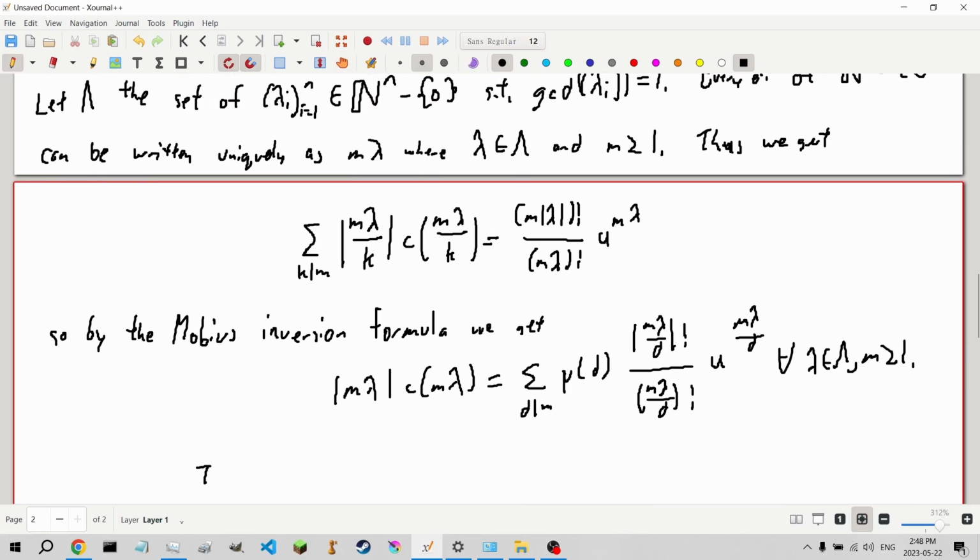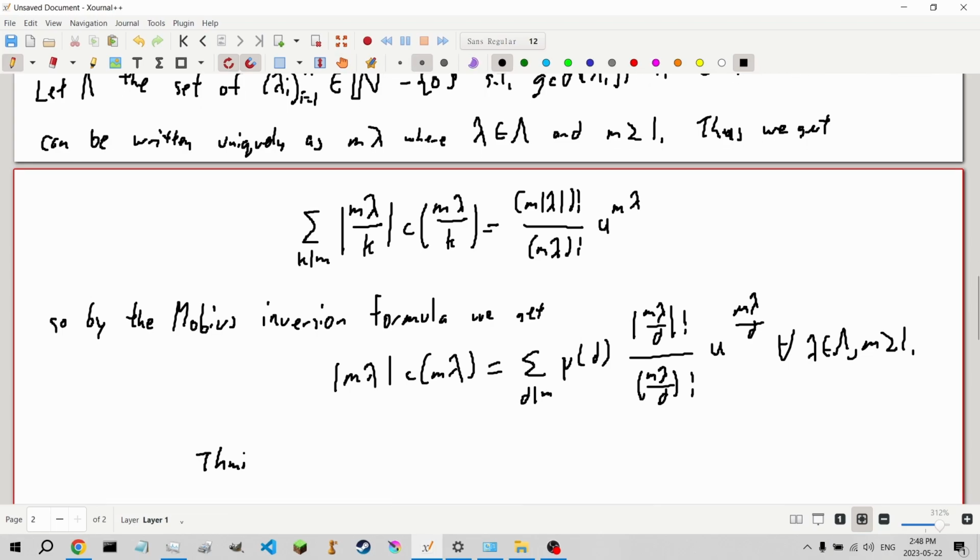Next theorem. Let X be a finite set with a cardinality of n.